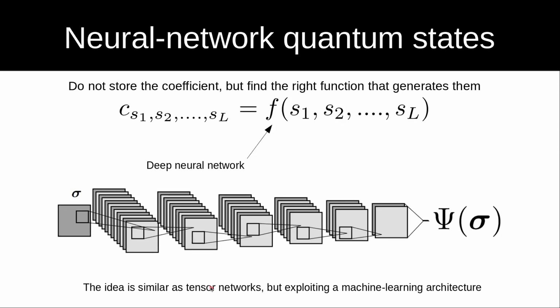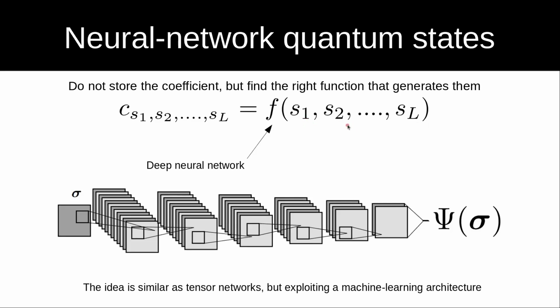You can think that from the point of view of a neural network, the problem that you want to solve is to find a function that allows you to map a very specific spin configuration onto the coefficient that it has in the ground state. So the input of your neural network is, for example, up, up, down, and so forth.